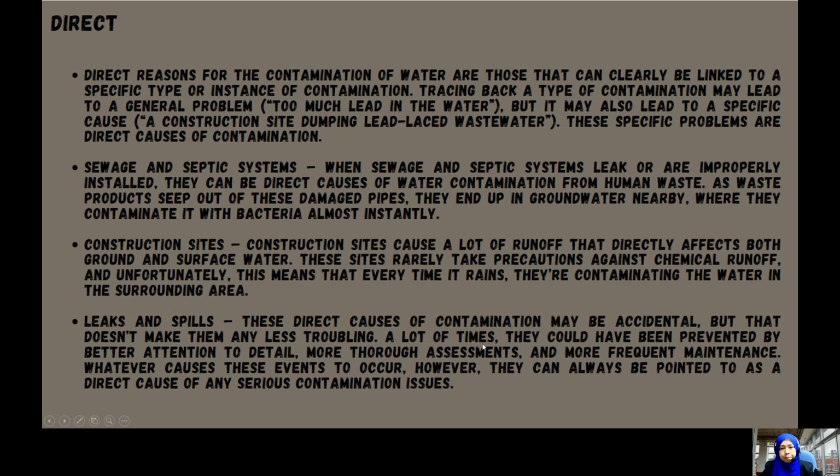A lot of the time they could have been prevented by better attention, more thorough assessment and more frequent maintenance. Whatever caused the event to occur, they can always be pointed to as a direct cause of any serious contamination issue.